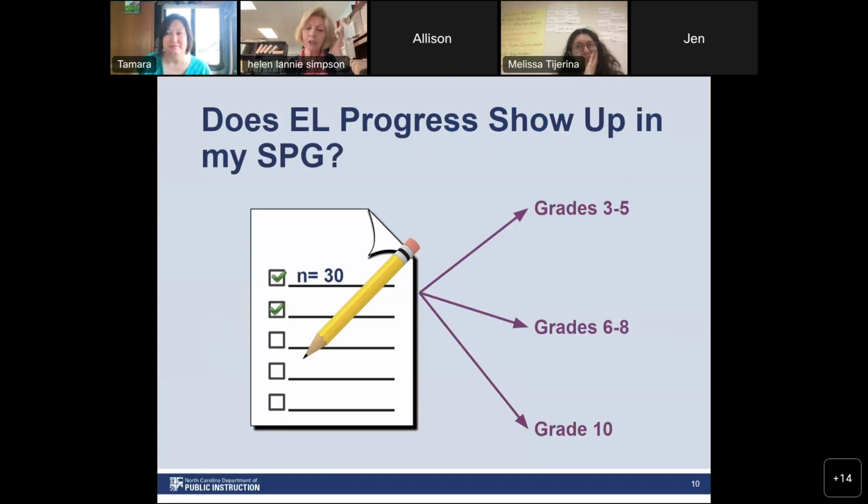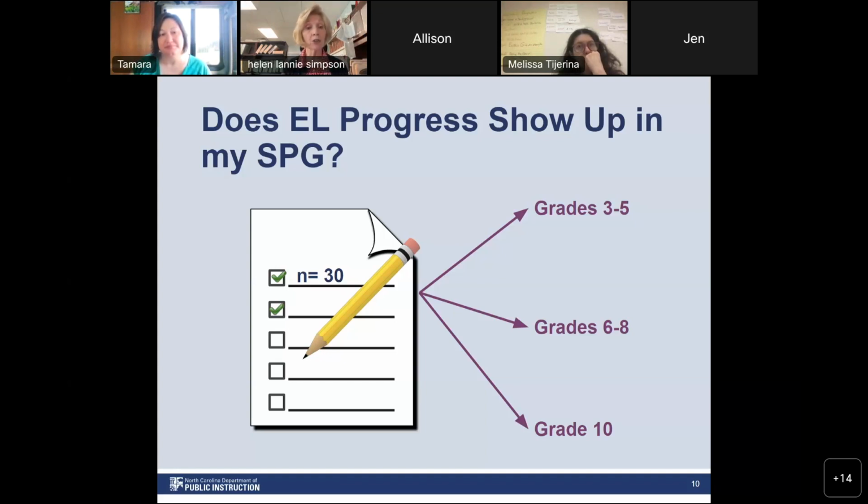So our next critical question would be, does EL progress show up in my school performance grade within my context? And so it's the classic, do I have a subgroup? If you have 30 students or more in your accountability grade, so if you're serving at an elementary school, that percentage of students who are meeting their annual target goal, if you have 30 or more in grades 3 through 5, they're going to show up in your school performance grade.